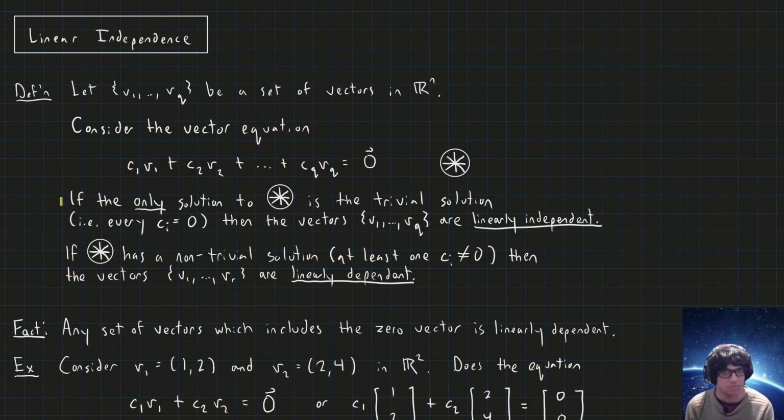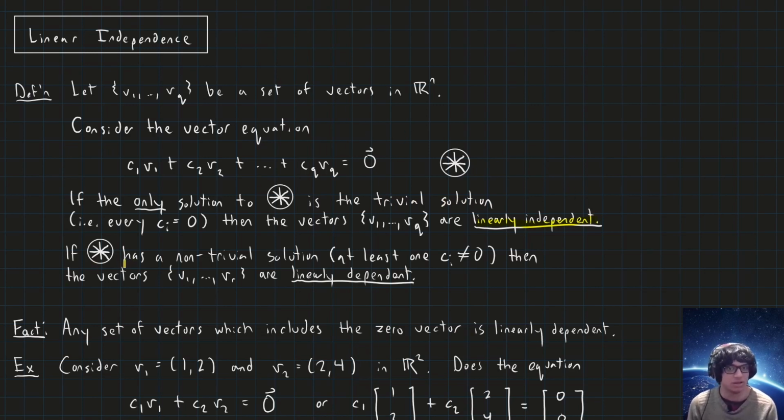There are two possibilities. If the only solution to this equation is the trivial solution, that is every c is equal to 0, then the vectors are called linearly independent.